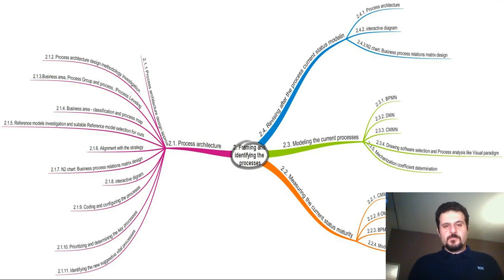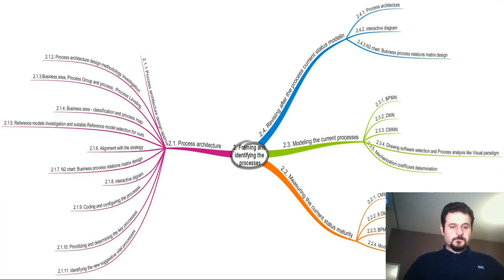Which of them is the first? You don't know, and you can't just rely on your experience. You should have some criteria, and by criteria and the list of processes, by scoring, you can prioritize the processes.